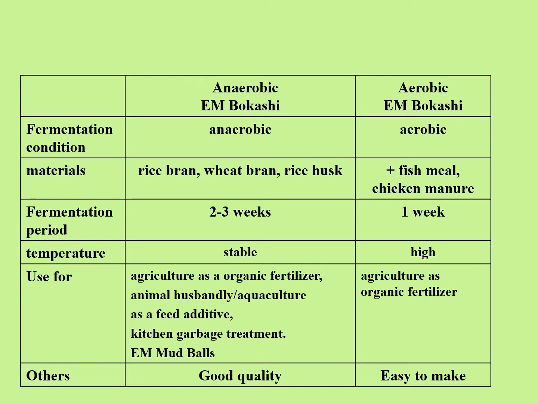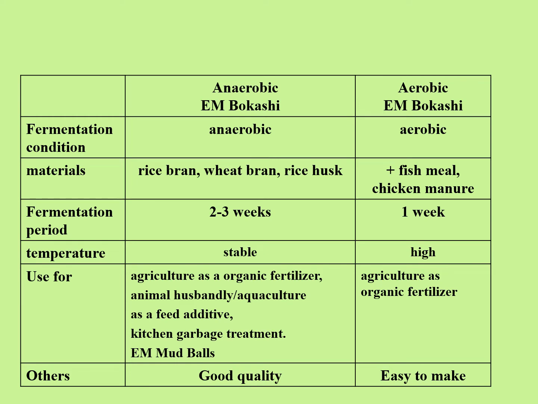Fermentation conditions in anaerobic EM Bokashi. Anaerobic materials: rice bran, wheat bran, rice husk. Fermentation period 2 to 3 weeks. Temperature stable. Used for agriculture as organic fertilizer, animal husbandry, aquaculture as feed additive, kitchen garbage treatment, EM mothballs.